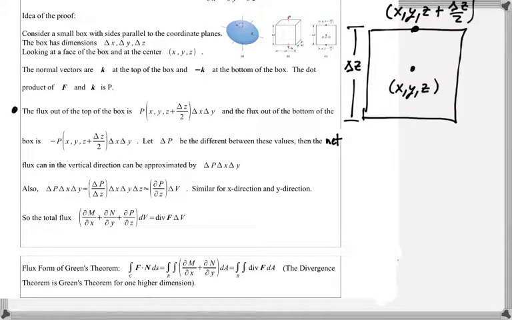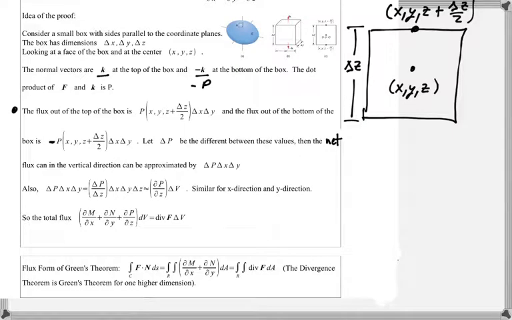So we're calculating the flux as P of x, y, z plus delta z over 2, times delta x delta y. That's out of the top of the box. Out of the bottom of the box would be the negative of that same thing, whether we're using our normal vector as k or negative k. If you're using negative k, then your F dot n would be negative P.